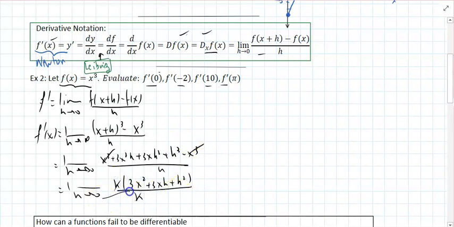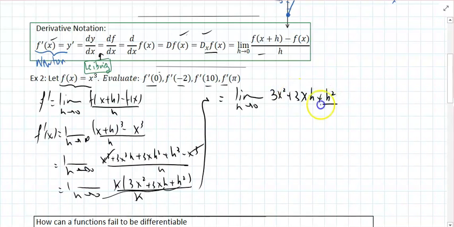When I throw 0 in for h, I got f prime of x to be 3x squared.